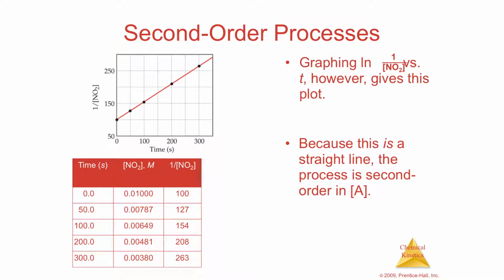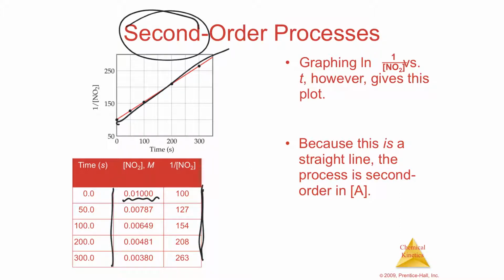So here was my concentration, and I put that over 1. So 1 over that concentration, and here I've got this. If I graph the time to that and get a straight line, then I must have a second order process. So that means in the original, my concentration is going to go to the squared. I need to know what these are in order to find my k. And we also see that k is going to be the slope of that line, which is easy.